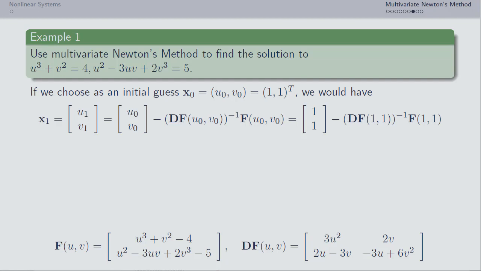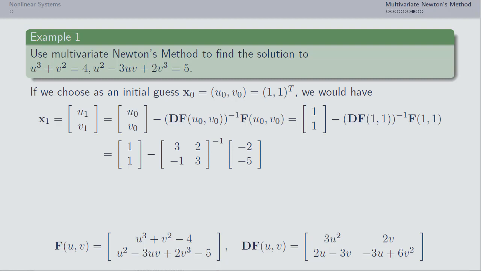Okay, so I've got those down at the bottom. If we use an initial guess of 1, 1, we get our u1, v1 as u naught, v naught minus the inverse of the Jacobian at u naught, v naught times f of u naught, v naught. So that's 1, 1 minus the inverse of the Jacobian at 1, 1 times f of 1, 1. So we need to know what those are. When we plug 1, 1 into the Jacobian, we get 3, 2, minus 1, 3, but we need to invert that.